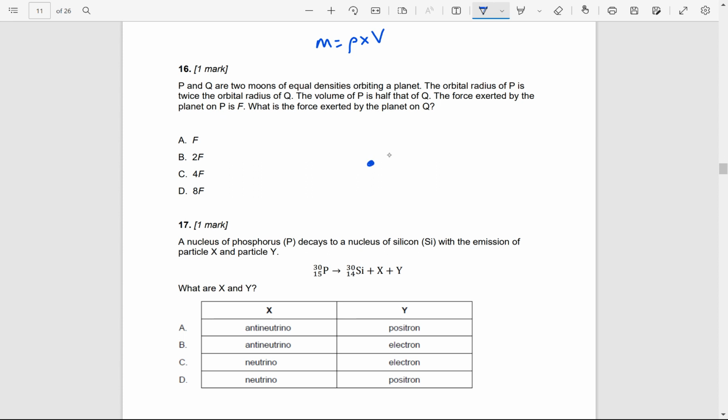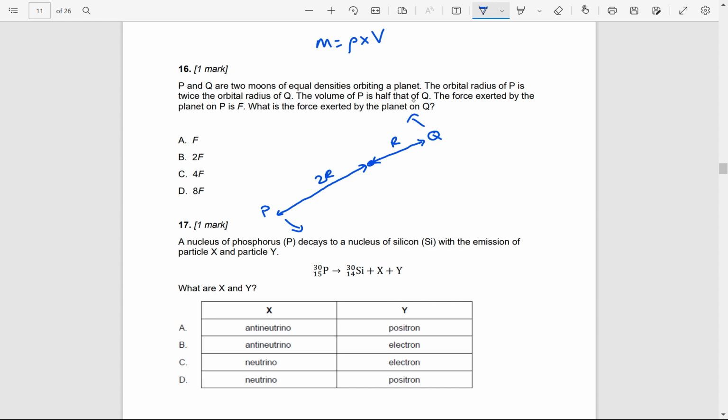The orbital radius of P is twice the orbital radius of Q. Okay, right, I'm just going to draw this out. I like drawings. So we've got a planet here, we've got a moon here, and we've got P, which is twice the radius in orbit, let's just say they're going that way, of Q. So let's say this is R, and this is 2R, because this is twice that of that.